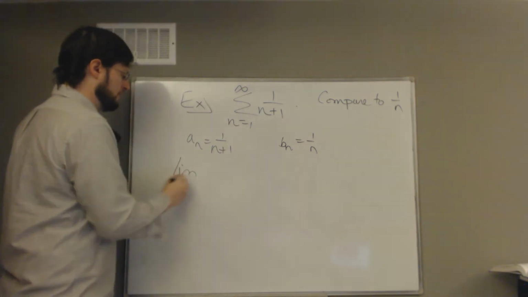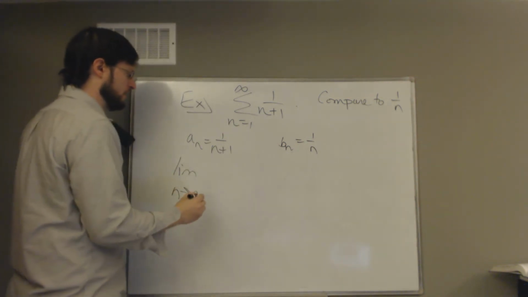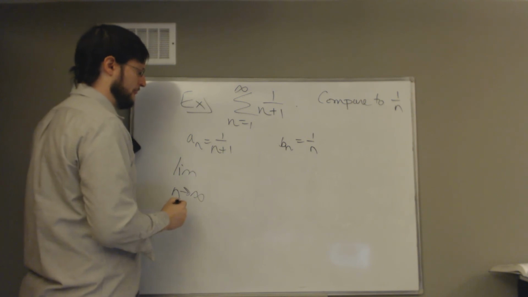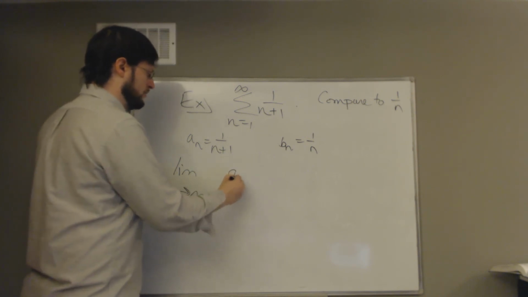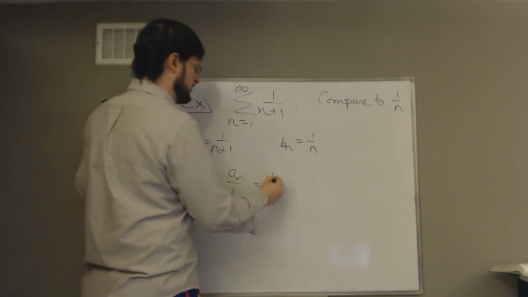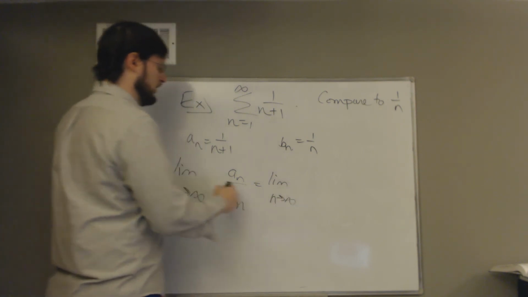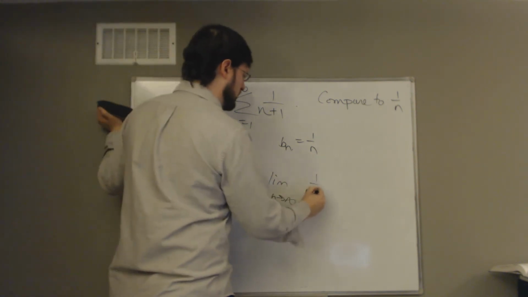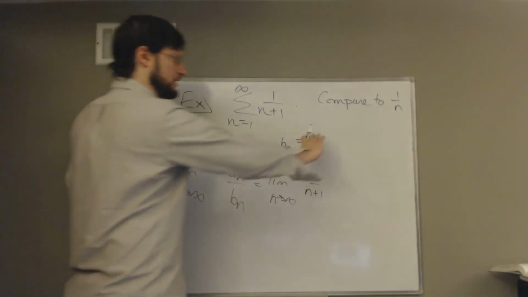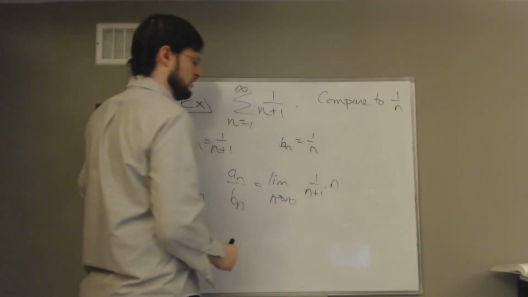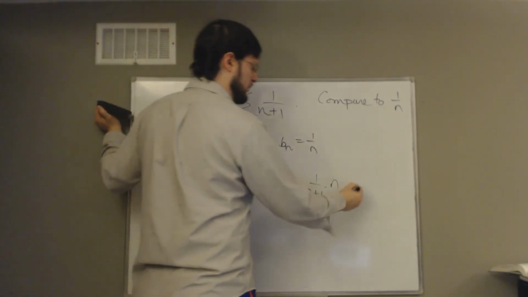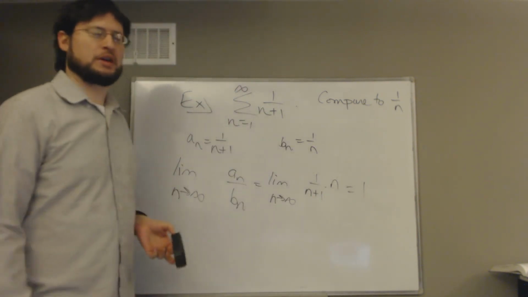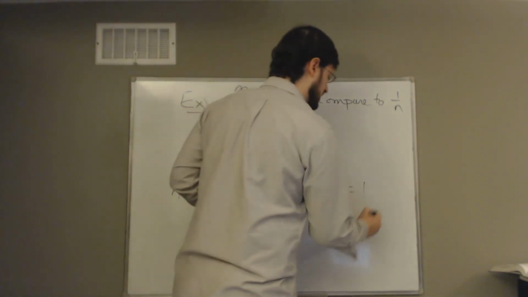And then we're going to look at the limit as n goes to infinity of an over bn, which is the limit of 1 over n plus 1, divided by 1 over n, multiplied by its reciprocal, but the limit of this is n over n, which is 1. So we got a finite limit.